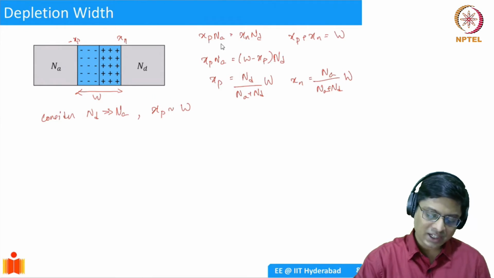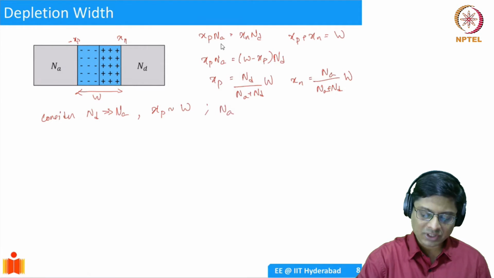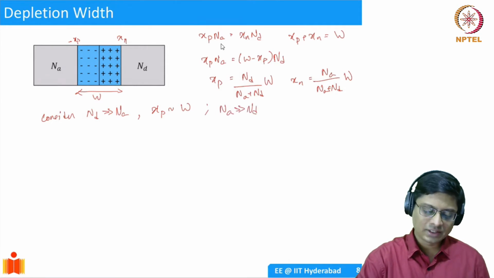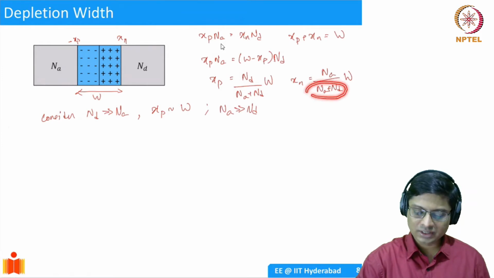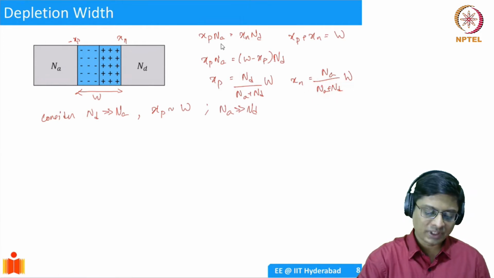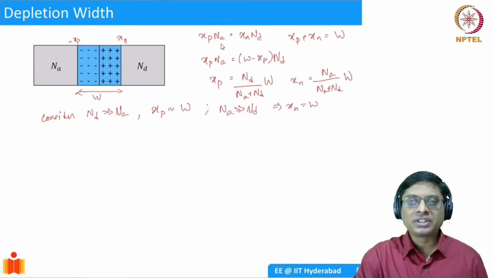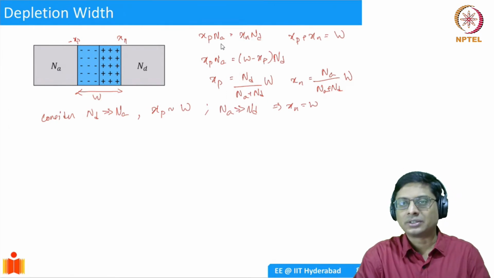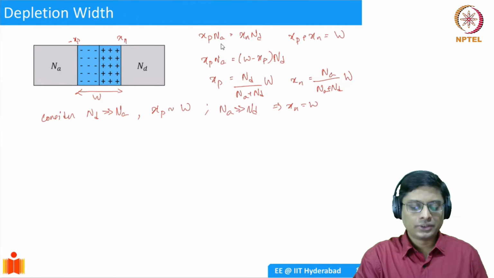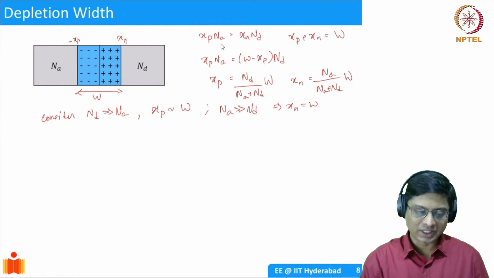Similarly, if Na is much greater than Nd, then xn is going to be W. So if your P-type region concentration is high, then the depletion region will lie almost entirely in the N-type semiconductor. Okay. So this is the inverse relationship that you will see time and again.